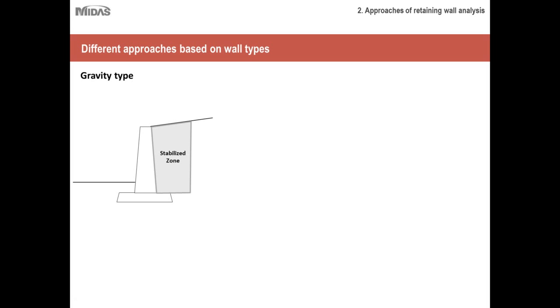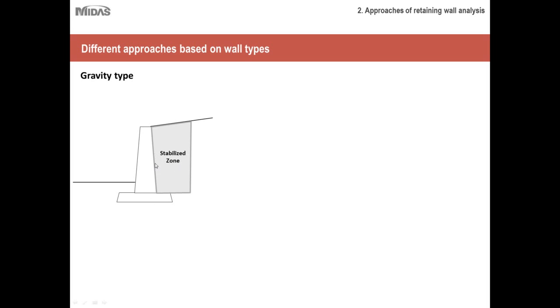So what we must do is carefully examine the soil properties of backfill as well as the soil outside the stabilized zone to determine what constitutive material model best gives the behavior of these two different types of zones.